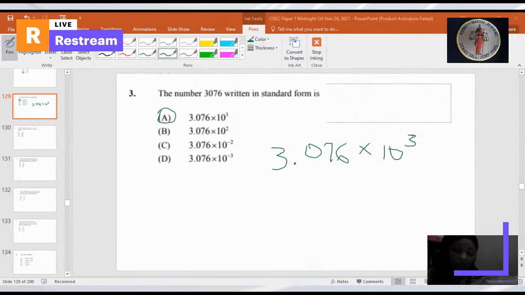The power would be how many places you would have to move to the left or right to get the number back to the original number before you put in the decimal point. So if you have to move back to the right to get to the original, then your power is going to be positive. And if you had to move back to the left, the power would be negative.